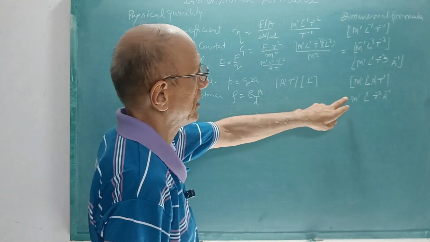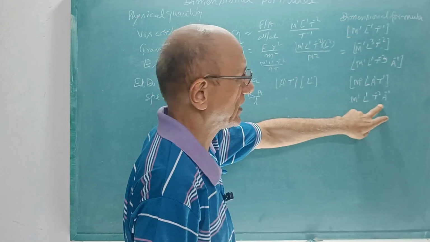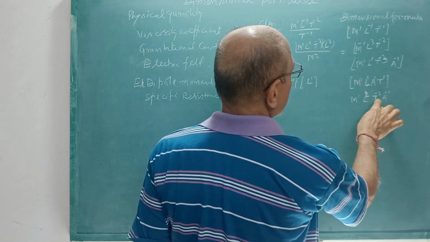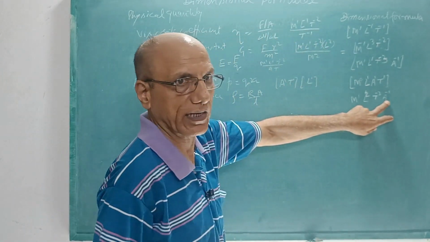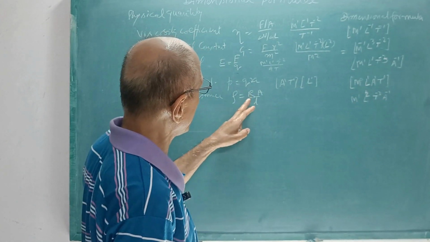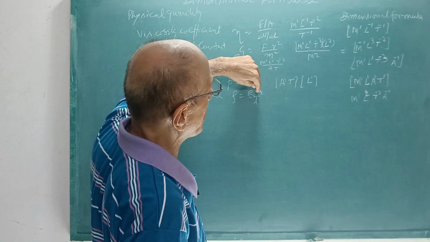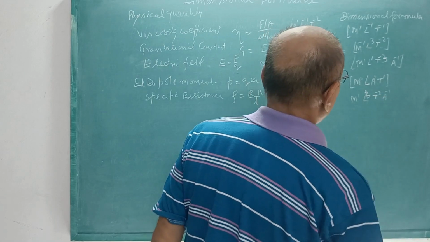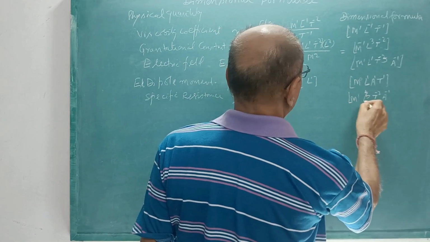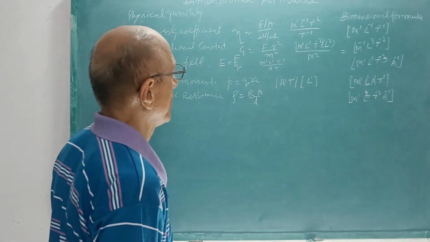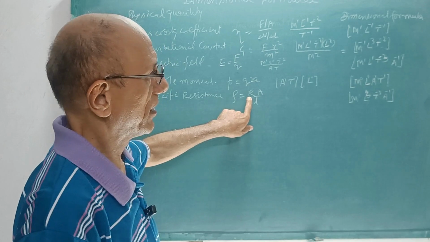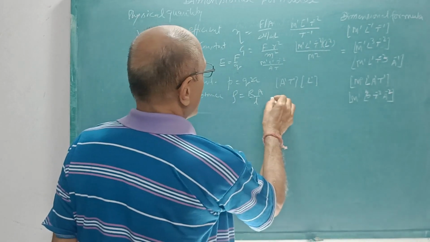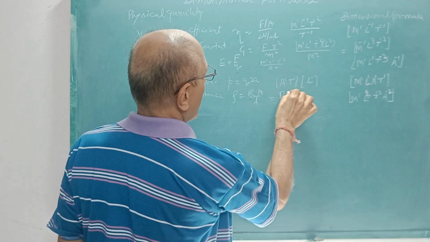That was the work upon charge. So work was M1 L2 T minus 2 divided by charge, and here it is being multiplied by L. So here it has to be L3. So R into L we have to find.